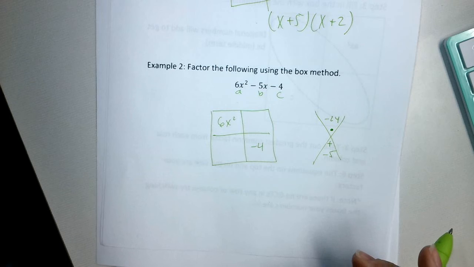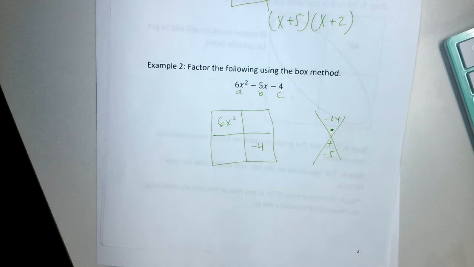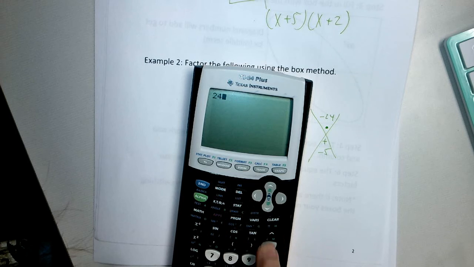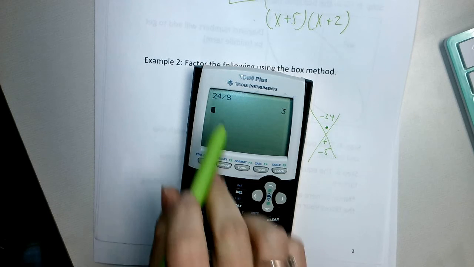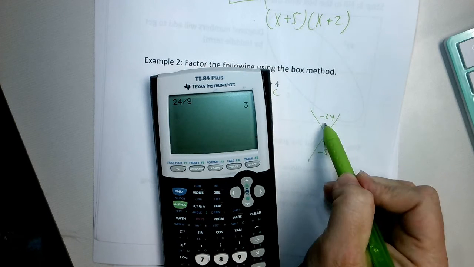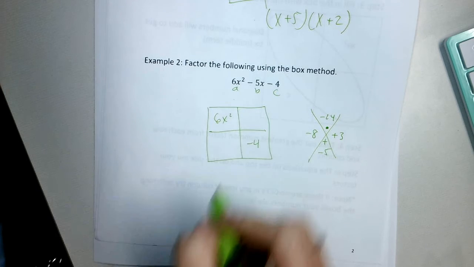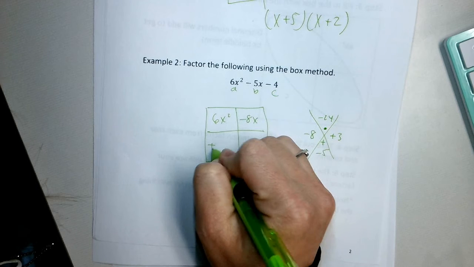So if you get stuck, you can literally come here and do, so like 24, I know 8 goes into 24. Well, can 8 and 3 subtract because it's negative? So if you have negative 8 and positive 3, so it's negative 8x, positive 3x.